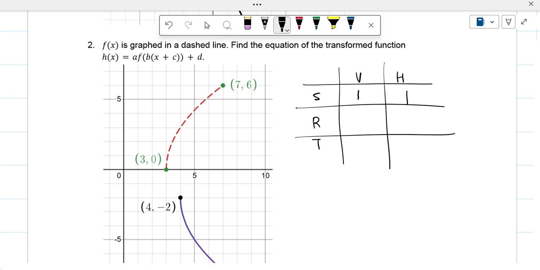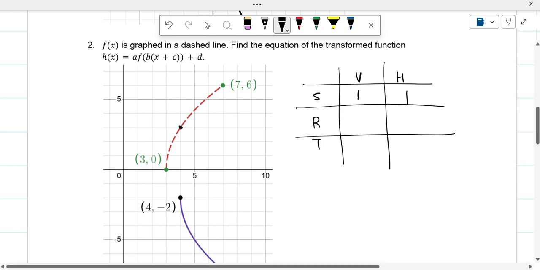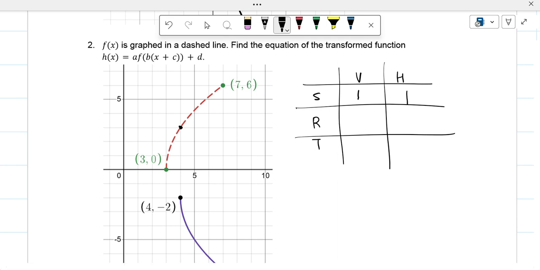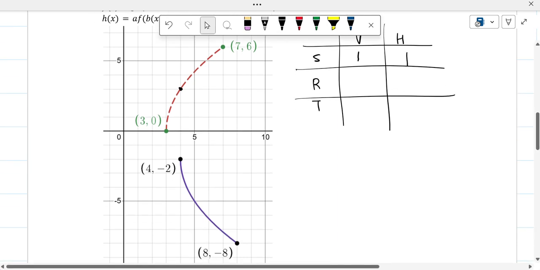Now let's think about the vertical reflection. Well, for vertical reflection, we need to use some spatial reasoning here. It seems like the graph is kind of going upwards in trend. We also notice that we go through this little point here. So after 1 point moving to the right, we go 3 points upwards. And I see a similar pattern here with my new graph, going to the right by 1 and going down by 3.